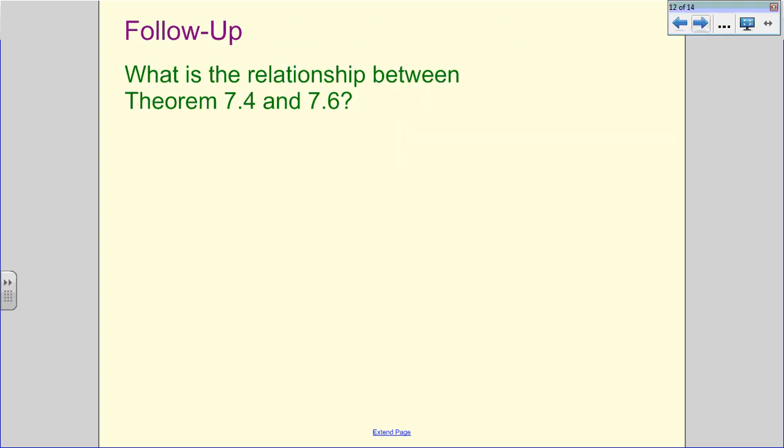All right, so what is the relationship between theorem 7.4 and 7.6? Well, 7.4 talks about the sides being proportional to each other when we look at the intersecting sides. So 7.4 is the intersecting sides relationship.